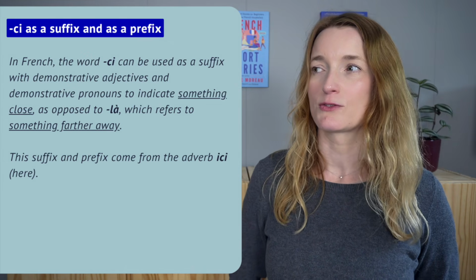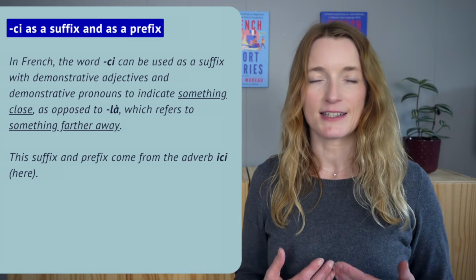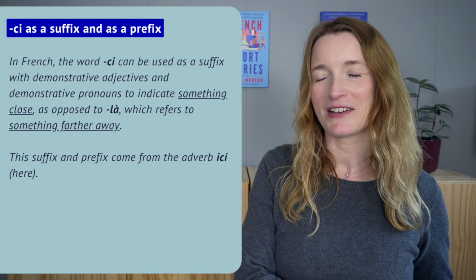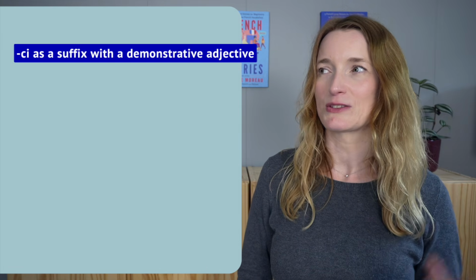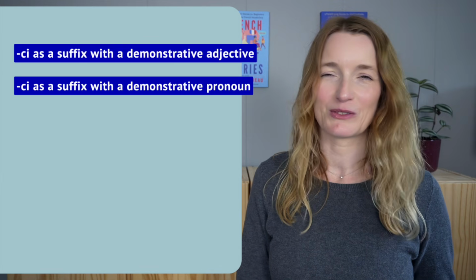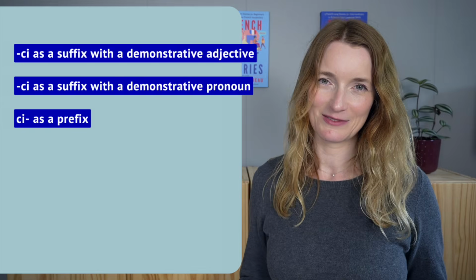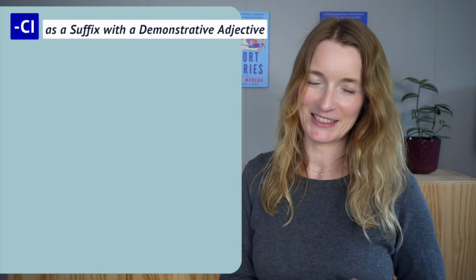So là is to talk about something that is further away, while ci is to talk about something that's closer to you. In this lesson, we are going to look at 3 different ways to use ci: ci as a suffix with a demonstrative adjective, ci as a suffix with a demonstrative pronoun, and ci as a prefix. And we start with ci as a suffix with a demonstrative adjective.